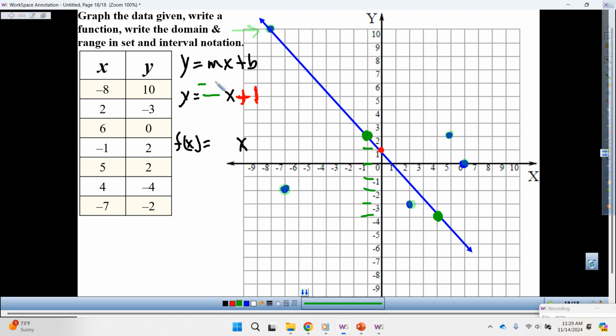Negative 6. Okay, negative 6. All right. And how many to the right? 1, 2, 3, 4, 5. So my function is negative 6 over 5 x plus 1. Hands if you got something like that. All right. And you know how to write your domain and range.